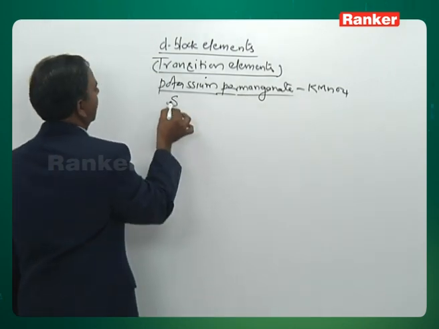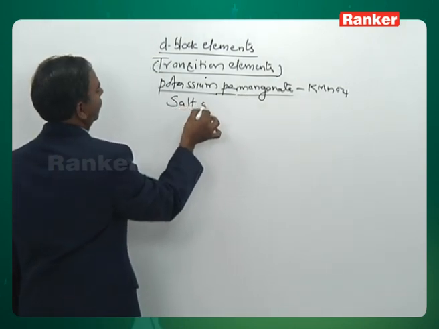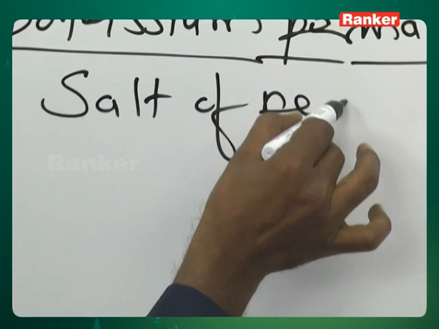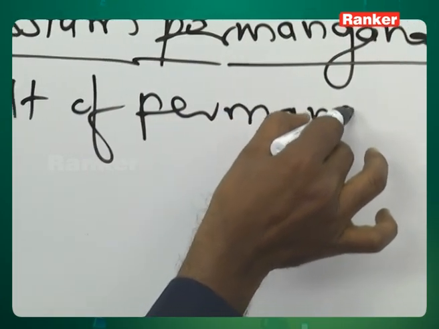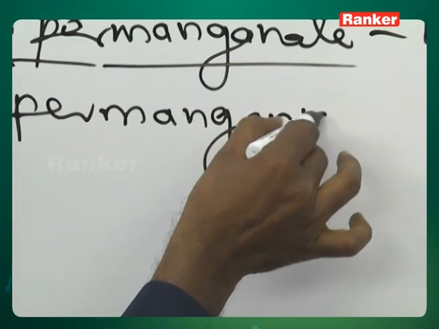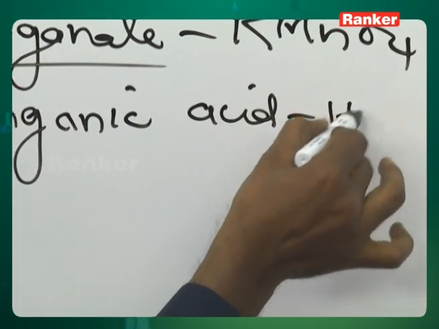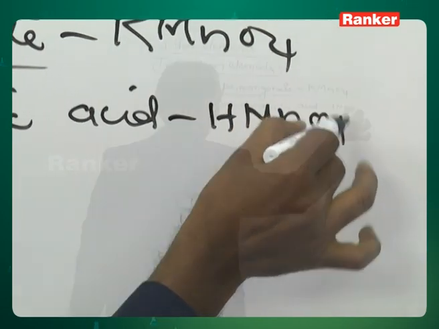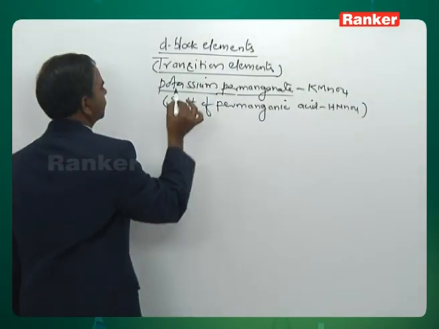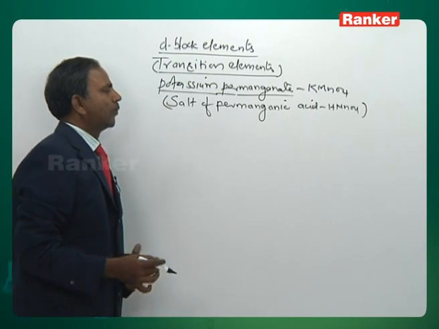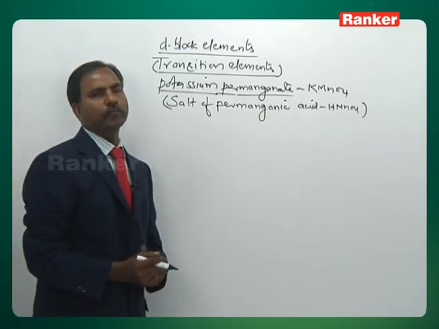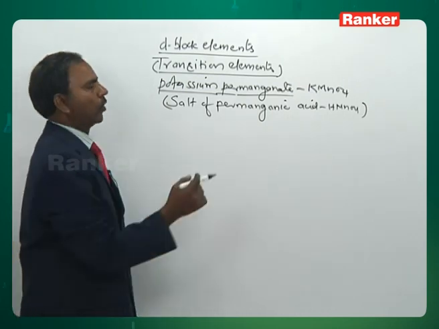It is considered a salt of permanganic acid, HMnO4. Generally potassium permanganate is prepared from pyrolusite.